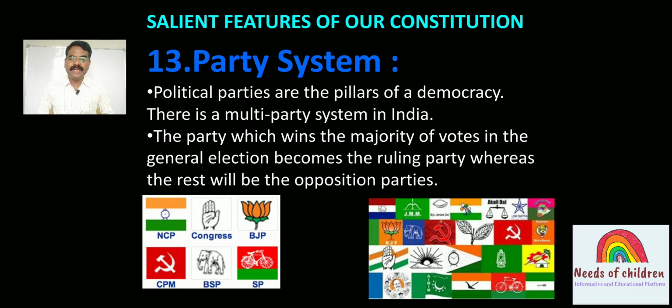The party which wins the majority of votes in the general election becomes the ruling party, whereas the rest will be the opposition parties. So these are the 13 salient features of our Indian Constitution. We can even call them the characteristics of our Indian Constitution. I hope you have understood all the characteristics of our Indian Constitution.